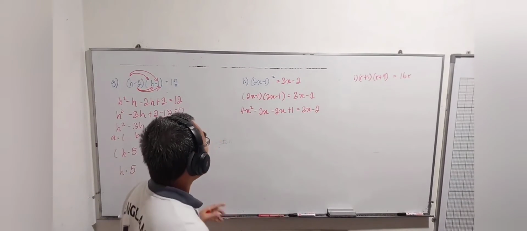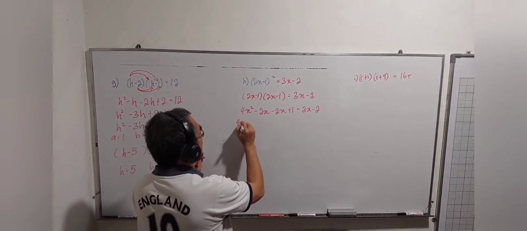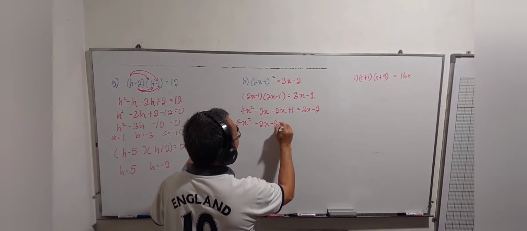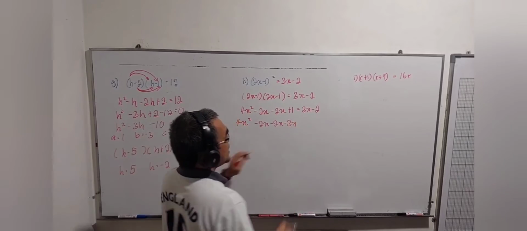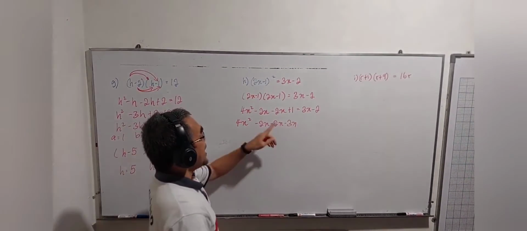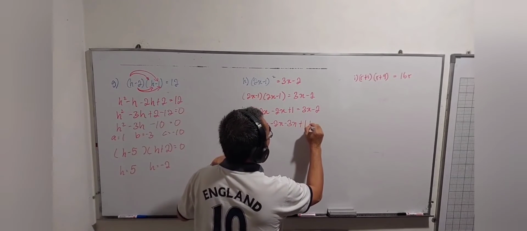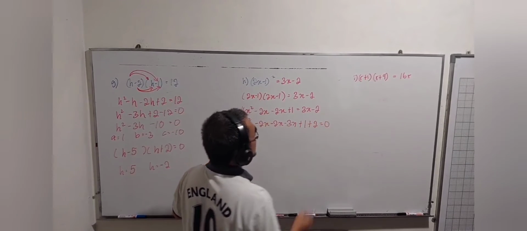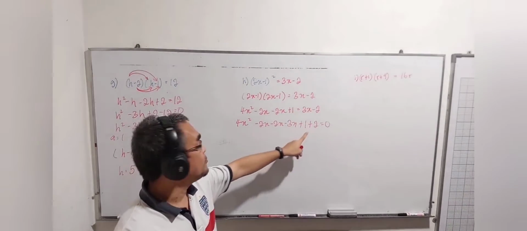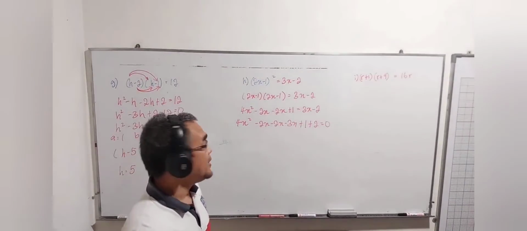Make it into general form. I will write down everything on the left side: minus 2x, minus 2x, minus 3x. I brought negative 3x to the other side, it becomes plus 3x... and then plus 1, plus 2, equal to 0. The negative 2 you move to the other side, becomes positive 2. Now you simplify.